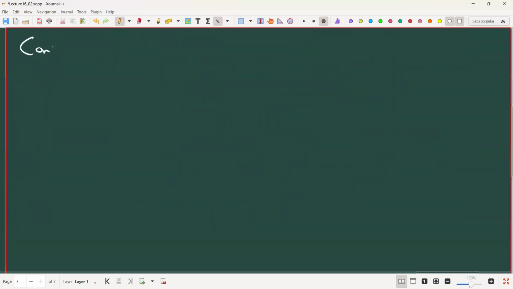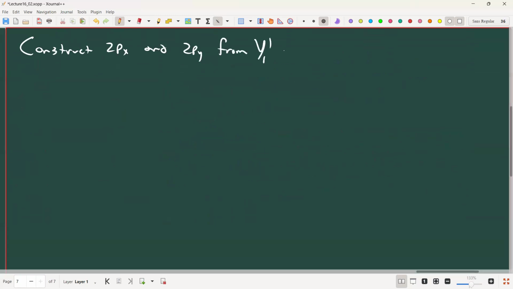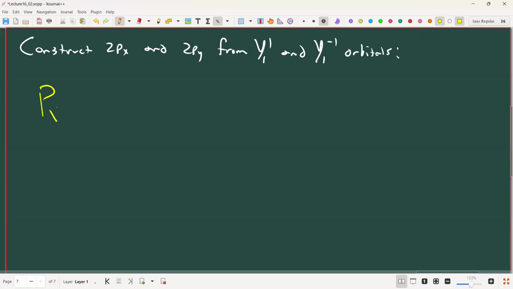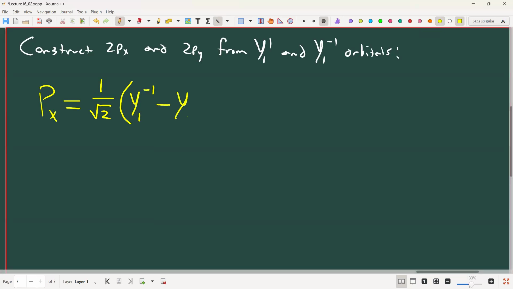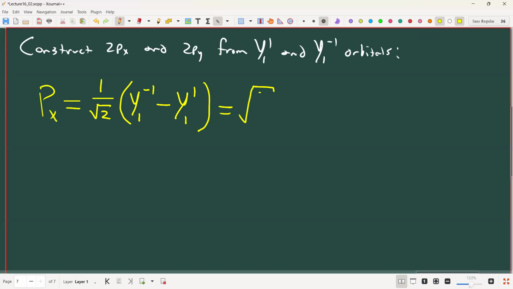All right, so we're going to construct 2px and 2py from the Y11 and Y1 minus 1 orbitals. And this is how it's constructed. The px orbital is equal to 1 over the square root of 2 times Y1 minus 1 minus Y11, which is equal to the square root of 3 over 4 pi sine theta cosine phi.